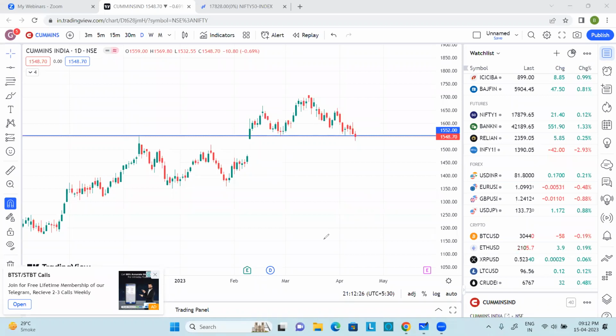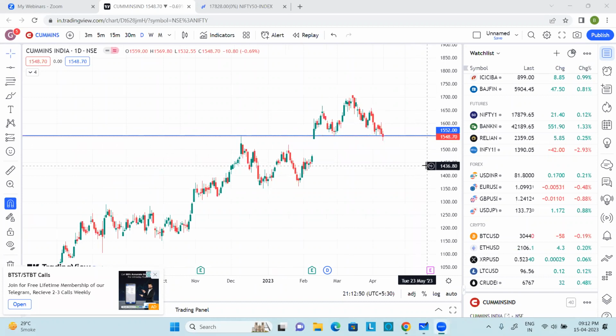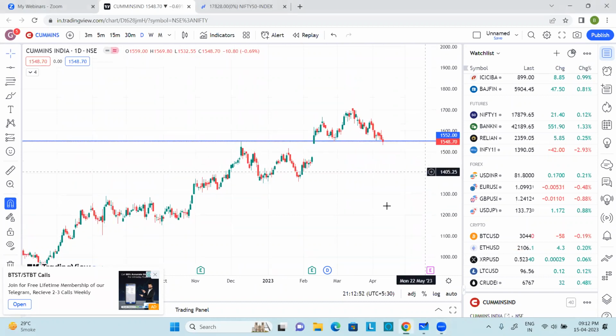Sir, why we are studying gaps is there are a lot of benefits of studying gaps. There are a lot of profits in the gap. Whatever we study in technical analysis is support and resistance, that's all. If you study any strategy, you must understand that it is support and resistance, nothing else.